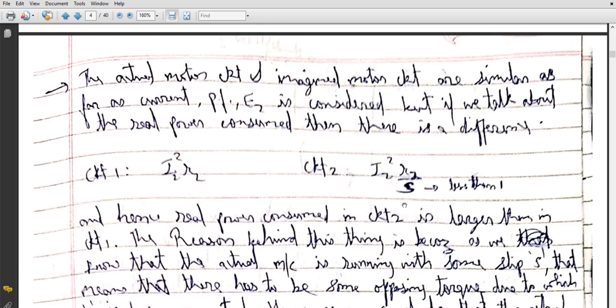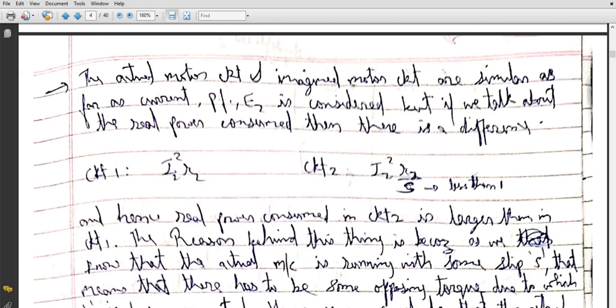So the speed of the rotor will fall even more, and hence the slip will increase even more, because slip is the difference between the synchronous speed and the rotor speed. The rotor speed decreases, the difference increases, and hence slip increases. Are you getting my point?